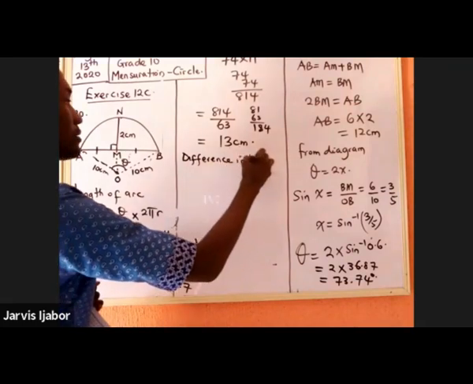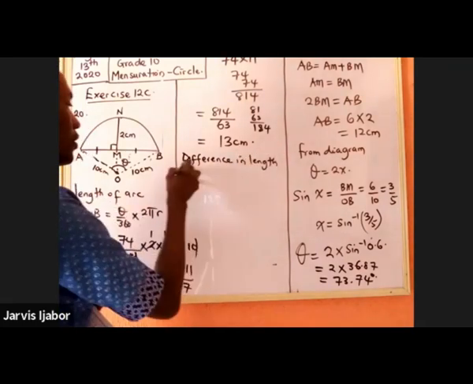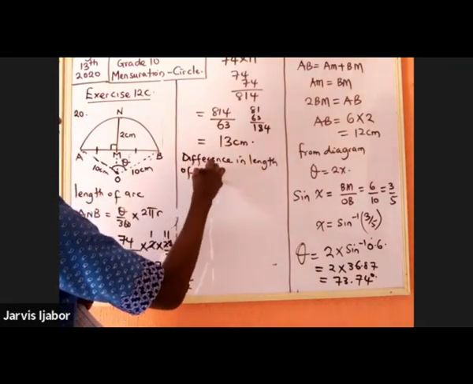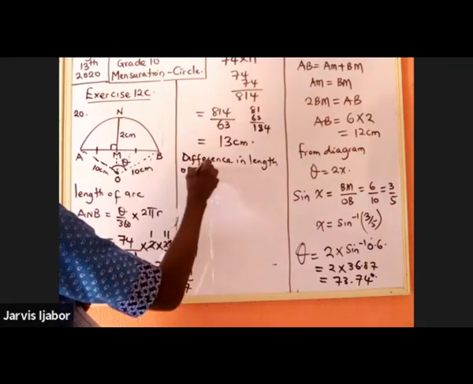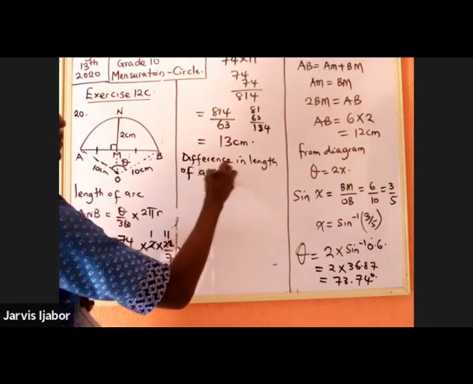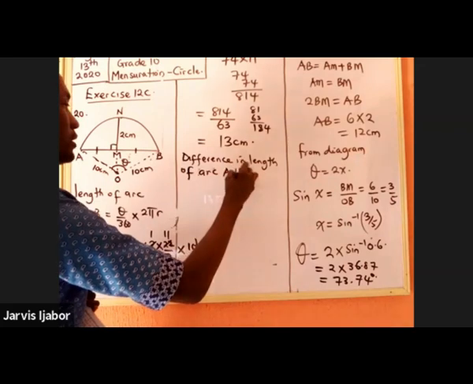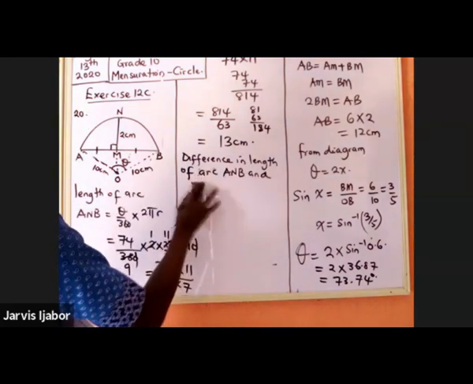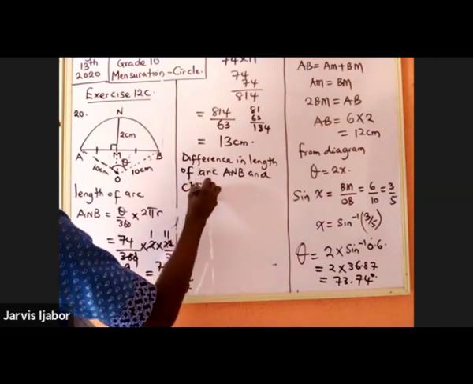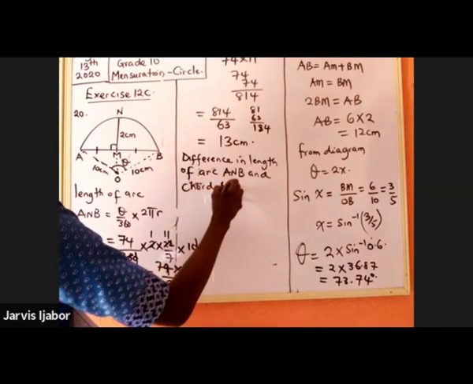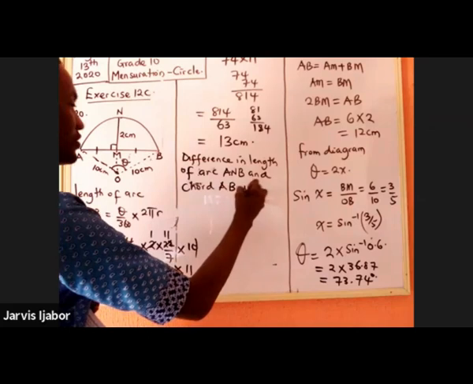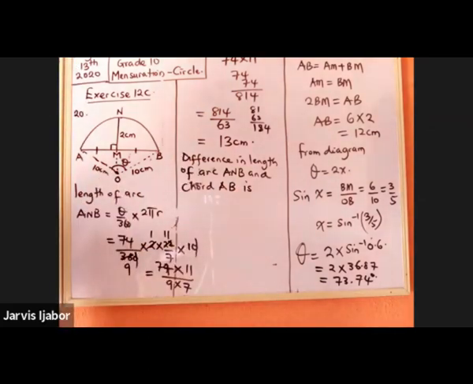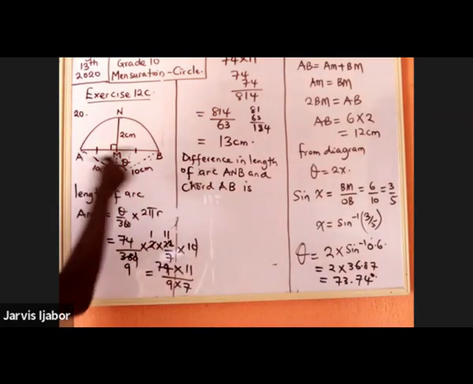So the difference in length of arc AB and the chord AB is this.